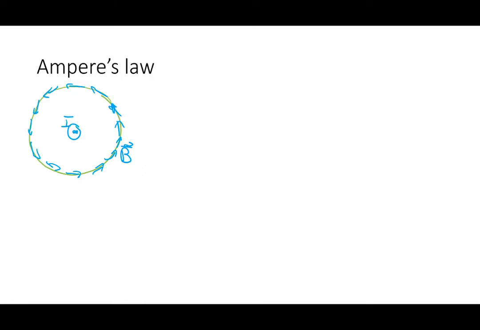So what Ampere's law is trying to say is if we add up all the magnetic field as we go around this loop, then we can say some statement about the current that's enclosed within that loop, or specifically the current that goes through the area that's enclosed within that loop.